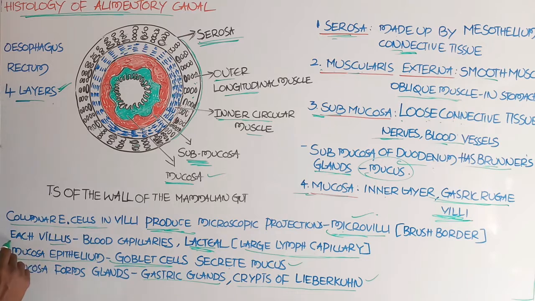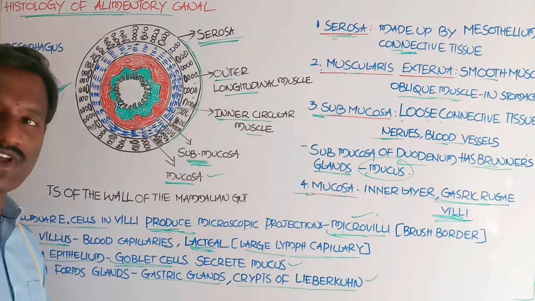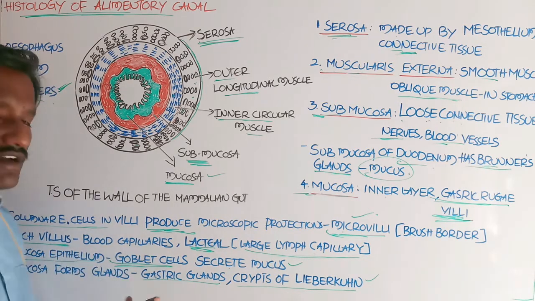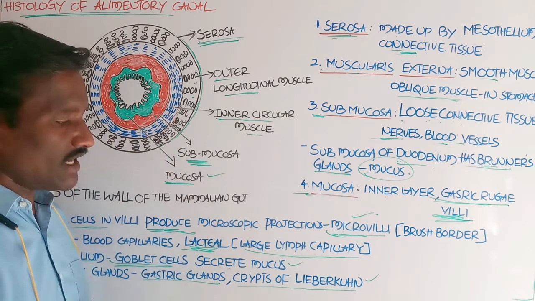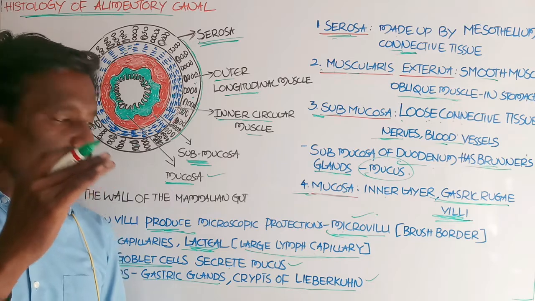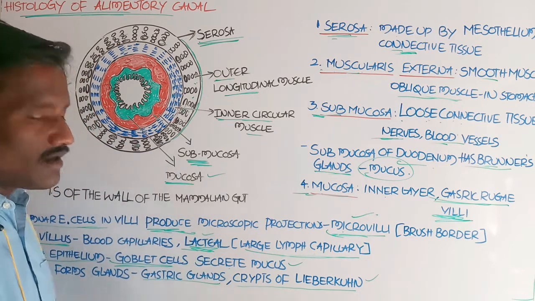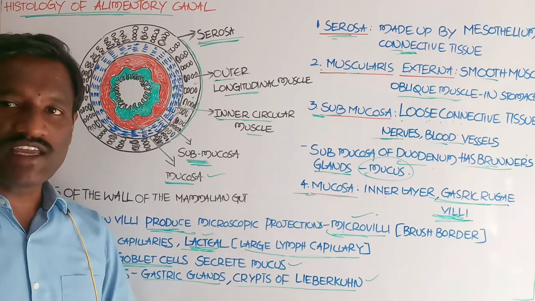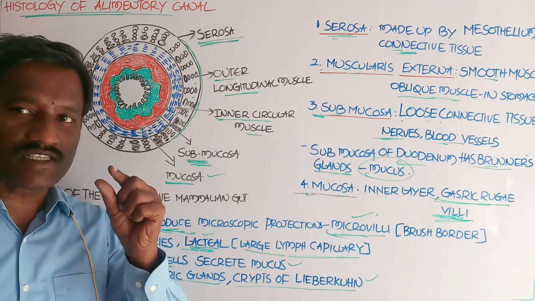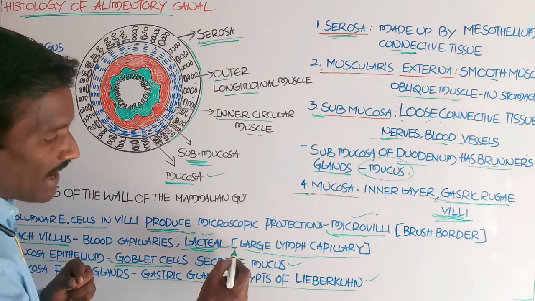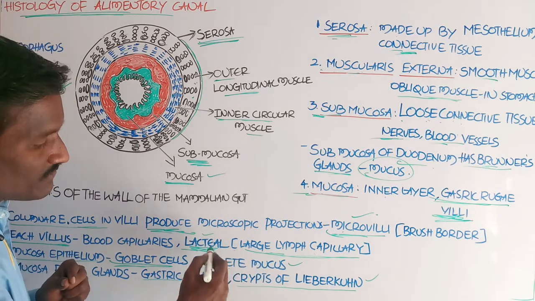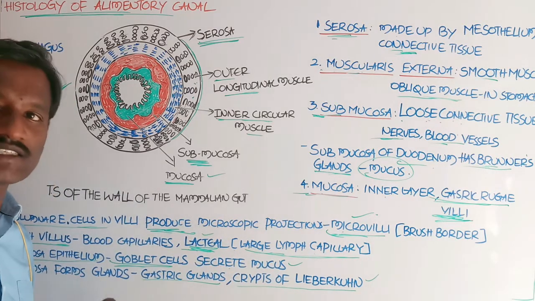And each villus consists of blood capillaries, and one of the largest lymph capillaries, called the lacteal.